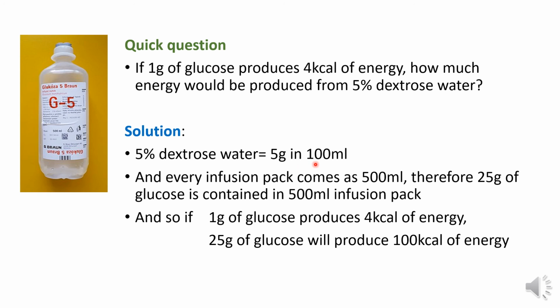And this infusion pack contains 500 ml. So if we have 5 grams in every 100 ml, it means that in 500 ml we're going to have 25 grams of glucose. And so, if 1 gram of glucose produces 4 kilocalories of energy, it means that 25 grams of glucose will produce 100 kilocalories of energy.